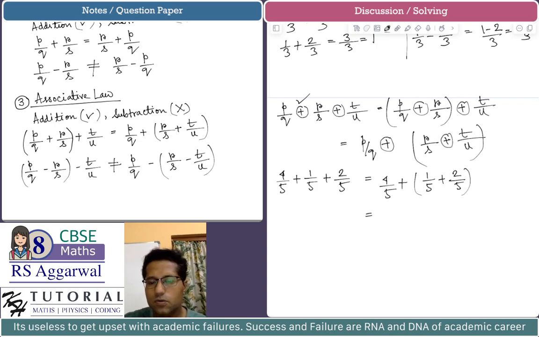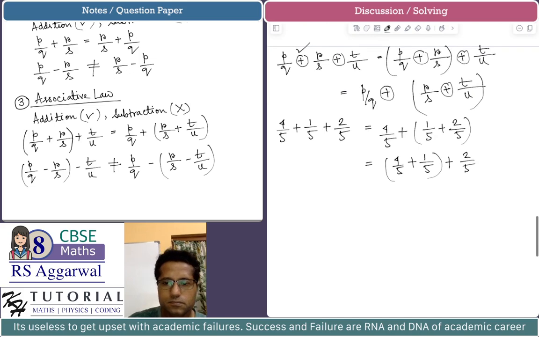This is also equal to, if we first add the rational numbers 4 by 5 and 1 by 5, and with the result we add the third rational number, that is 2 by 5. This is what it says, that addition follows the associative law. But subtraction does not follow the associative law.